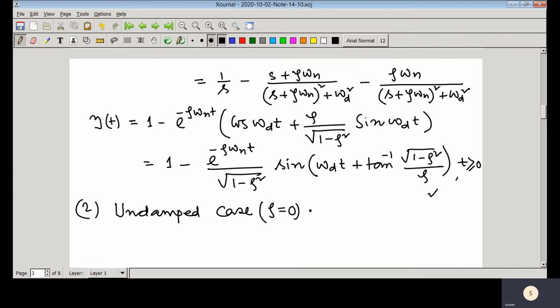So in this undamped case, if you put zeta equal to 0 here and simplify, you will get y(t) equal to 1 minus cos of omega n t.